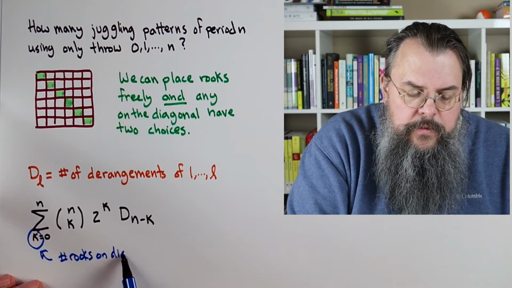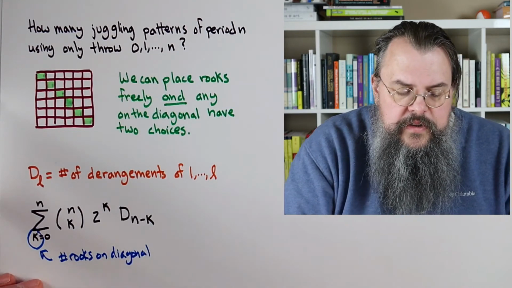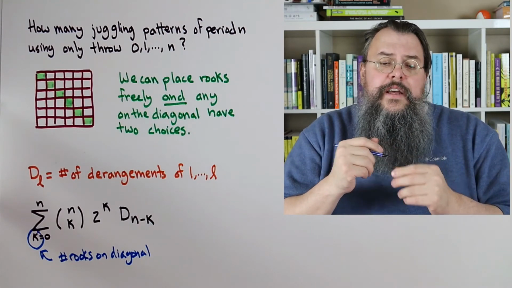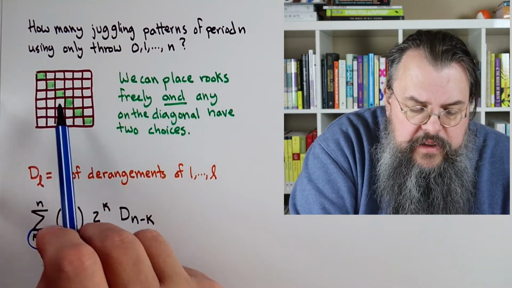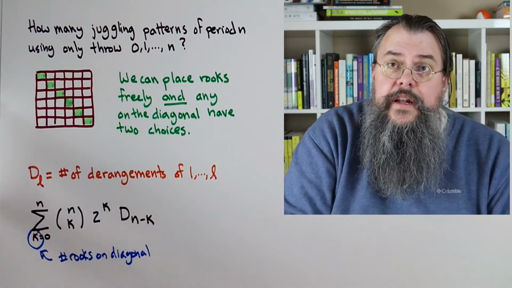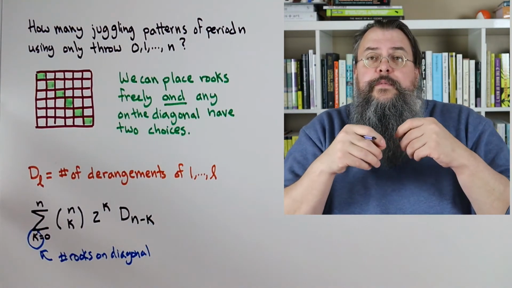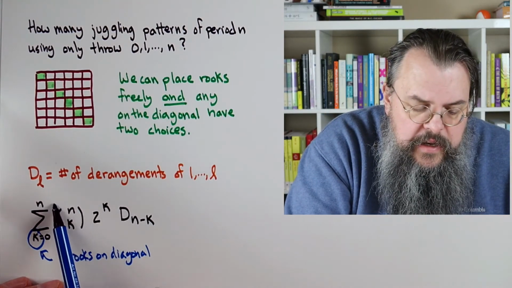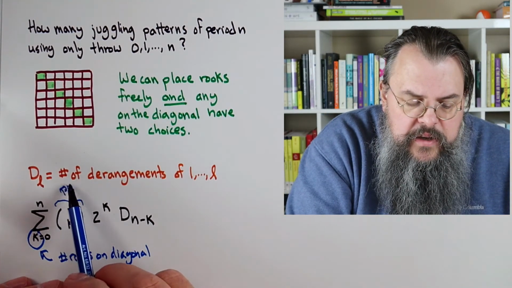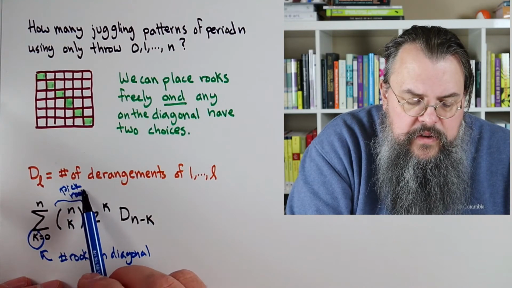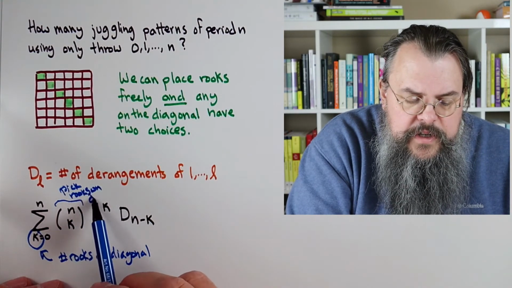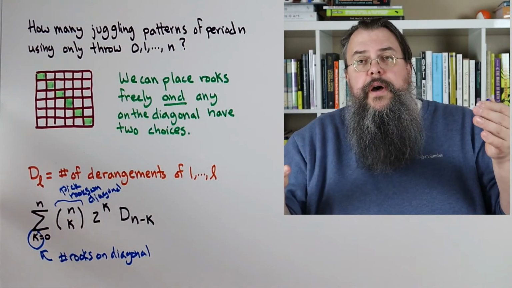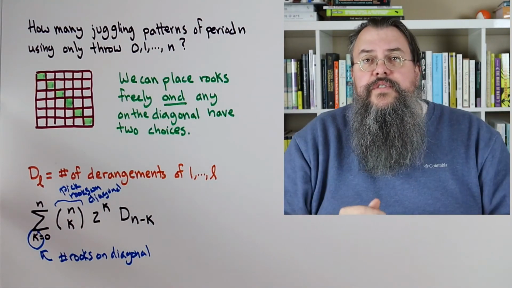Now, there's n places on the diagonal, and I'm only going to use k of them, so I have to figure out where to put them. So the first term, n choose k, says pick your rooks on the diagonal. There's n possibilities, you need k of them, so there's n choose k.